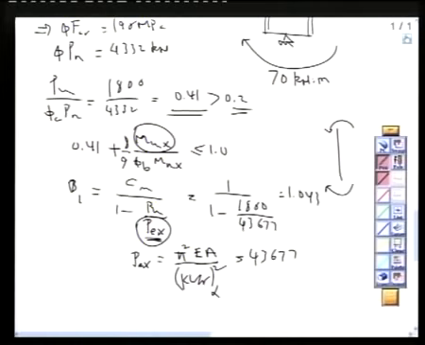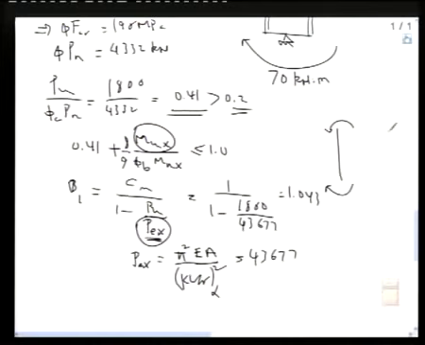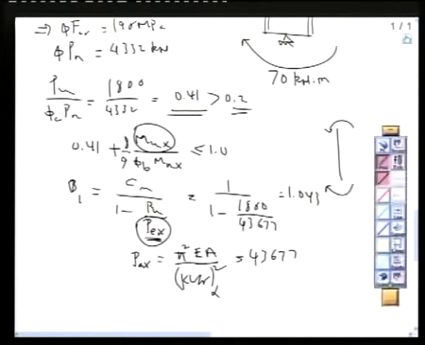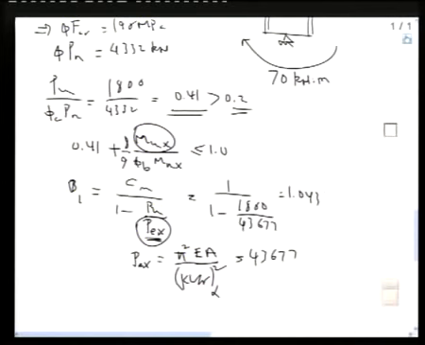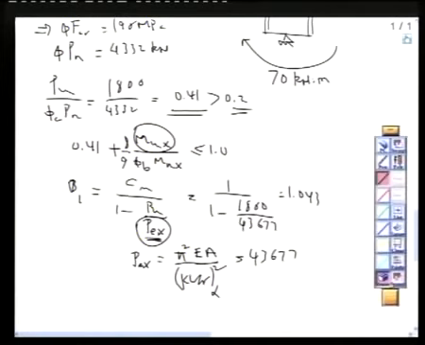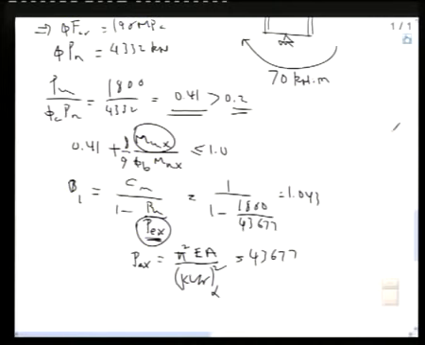So if we want to apply this equation, we will get 0.41 plus 8 over 9. What is M ultimate X?